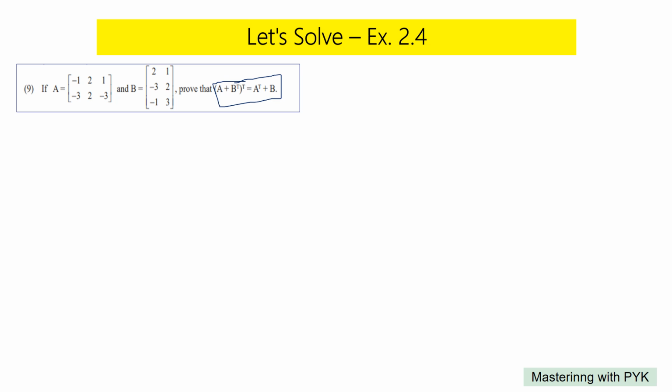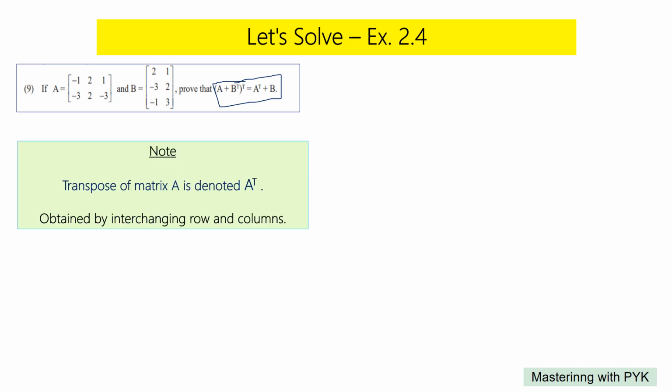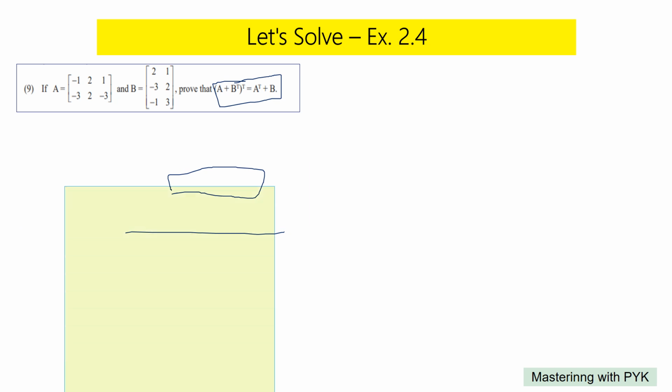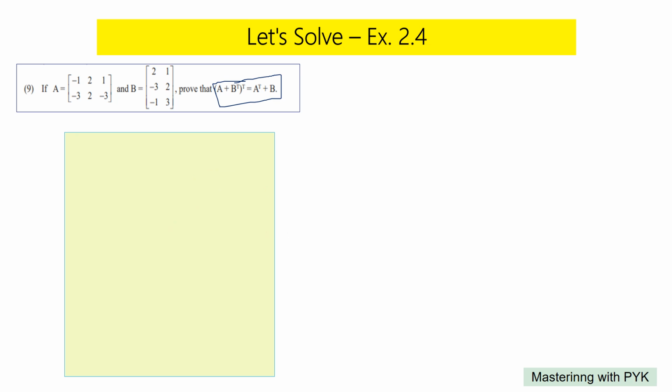So we learned that the transpose of a matrix, denoted by A^T, is obtained by interchanging the rows and columns. Also, we learned that the transpose of the transpose of a matrix gives us the original matrix, right?